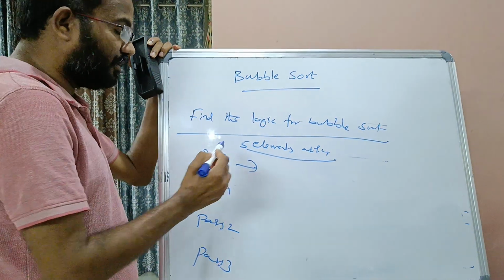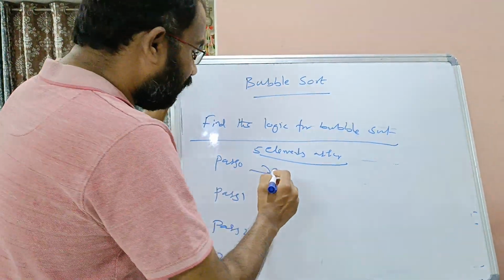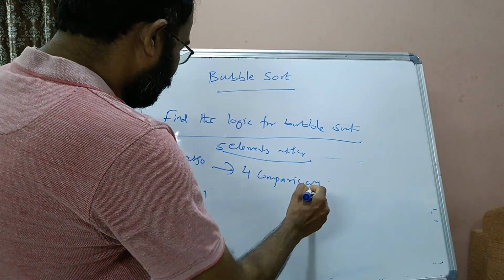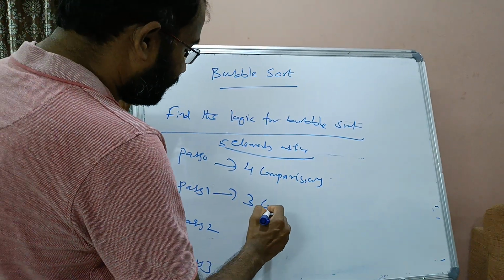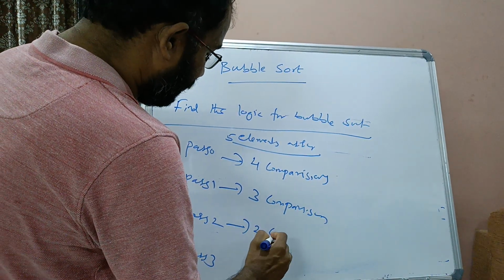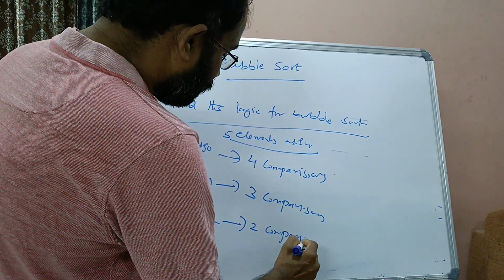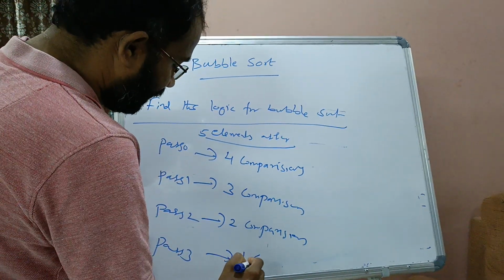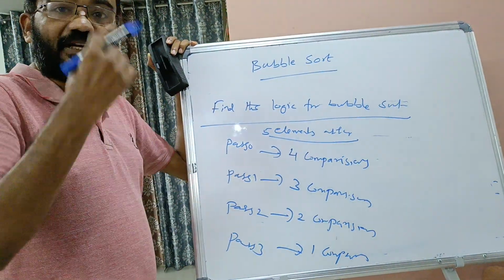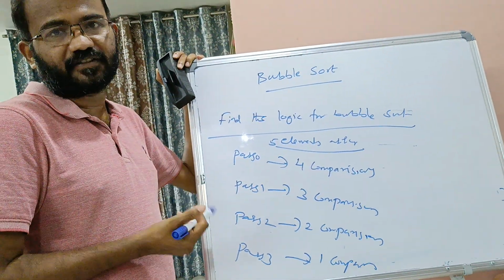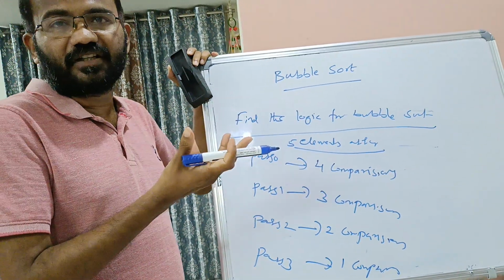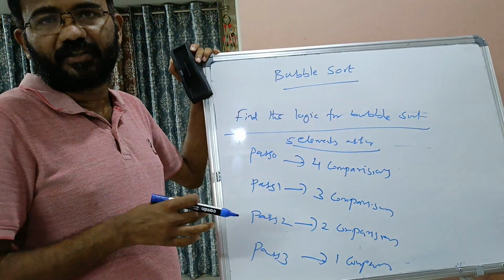Pass 0 has 4 comparisons, pass 1 has 3 comparisons, pass 2 has 2 comparisons, and pass 3 has 1 comparison. That means 5 elements need 4 passes. Suppose 100 elements, then 99 passes. This is the process to find the logic of bubble sort. In the next class, we will discuss writing the bubble sort C program.